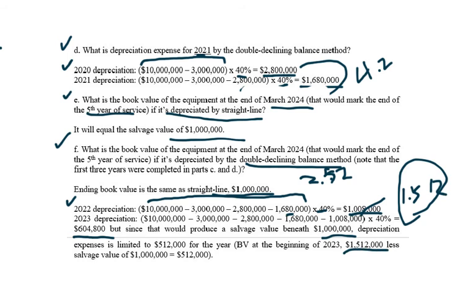Here's the book value minus the salvage value of $1 million. We're maxed out at $512,000. So we can only take $512,000 of depreciation in 2023, and then we're done. So the schedule ends and we have a book value of exactly $1 million. In other words, you can't continue the depreciation into 2024 for those last 3 months of service because you've already hit the floor. You've hit the floor, in this case, defined as salvage value.